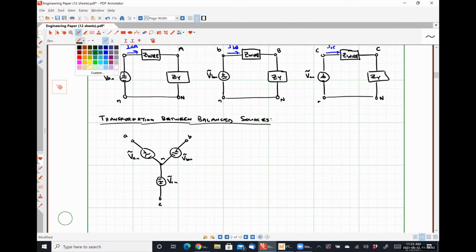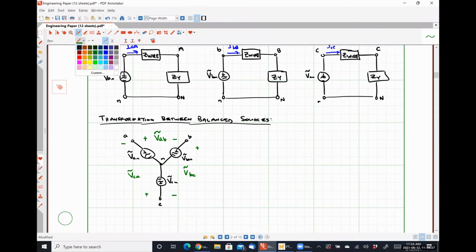Now we mentioned the other day that we can measure line voltages off of a three-phase Y-connected source, right? So for example, we would have a line voltage VAB, like so, measured between the transmission line terminals A and B. We could have a line voltage VBC, and additionally, we will have a line voltage VCA.